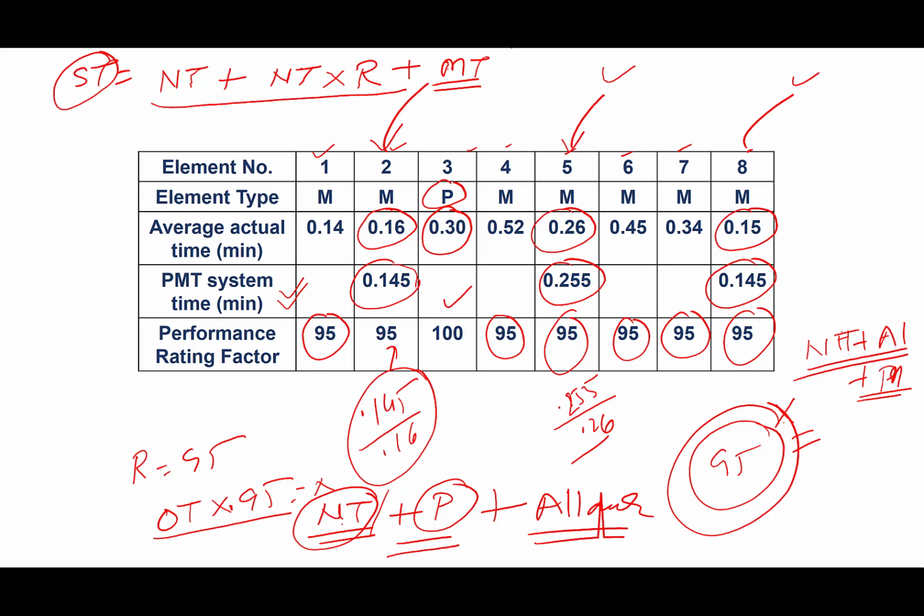Thereafter we talked about qualified workers, then the performance rating and how the performance ratings are given, and the different methods used to rate performance, like the pace rating or speed rating, Westinghouse rating, objective rating and synthetic rating.